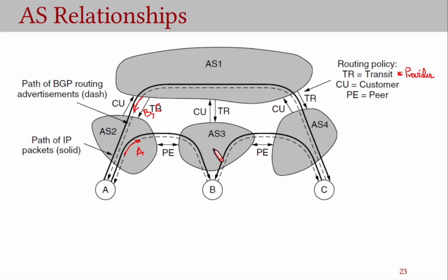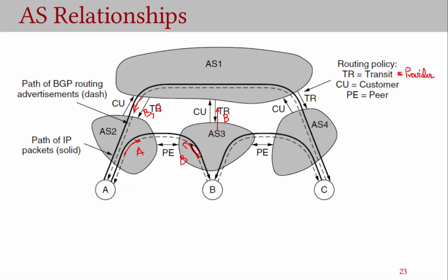And similarly, AS3 is going to advertise about B to AS1 and also about B to AS2. And so when AS2 has to send some traffic to B, it could reach B either via AS1 or it could use this peer connection.